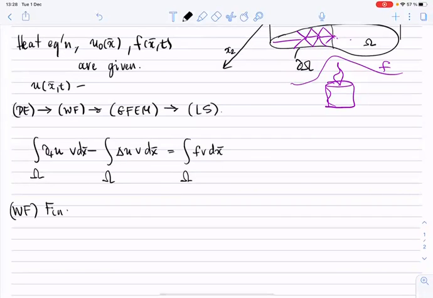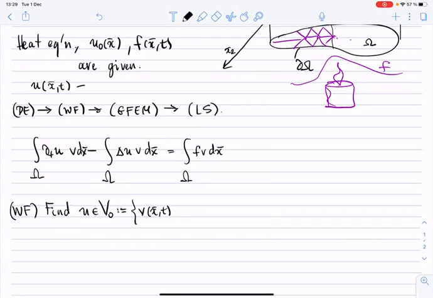Find u from some space V0, and the space is defined as follows: functions v(x,t). You see, the space that we are looking at also depends on time. Usually we didn't have this time dependency.